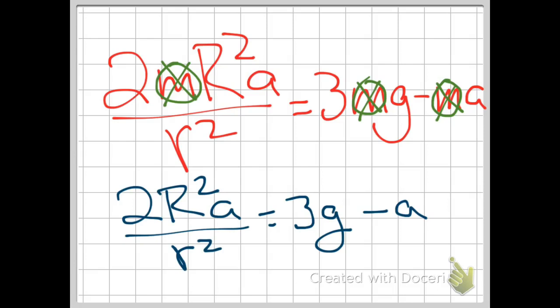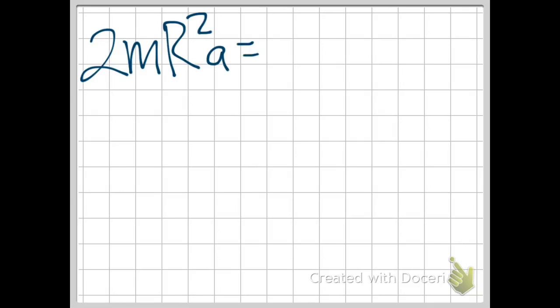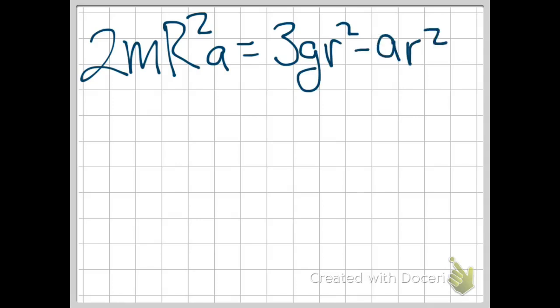If we want to solve for a, we have to get a all on one side, but the problem is we have a denominator over here, the r squared, so we need to multiply both sides by r squared so we can use addition to get the a's together and then solve for acceleration. So we're going to multiply both sides by r squared. That gives us 2R squared a equals 3g little r squared minus a r squared.